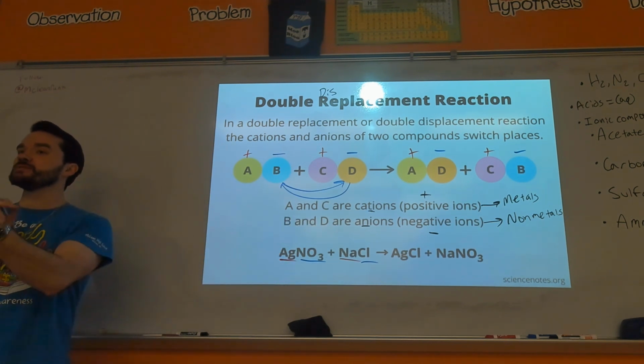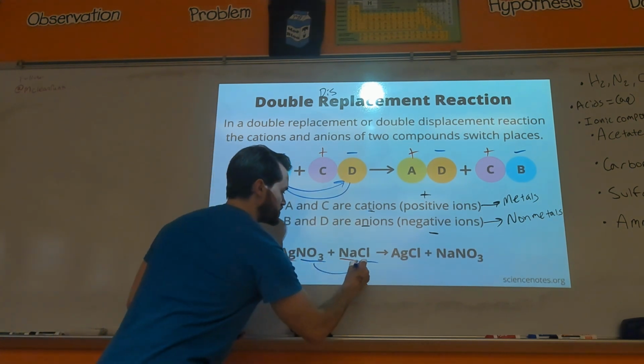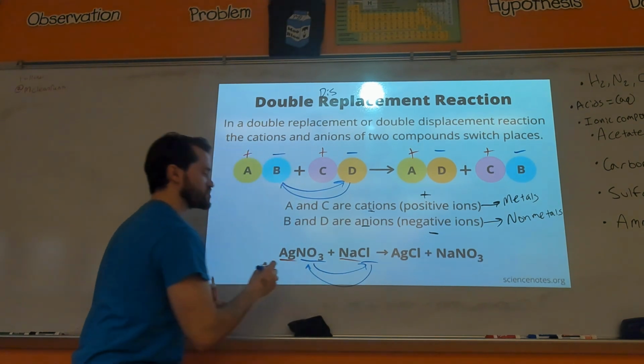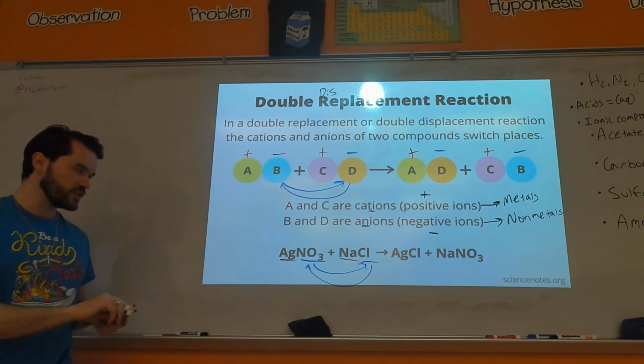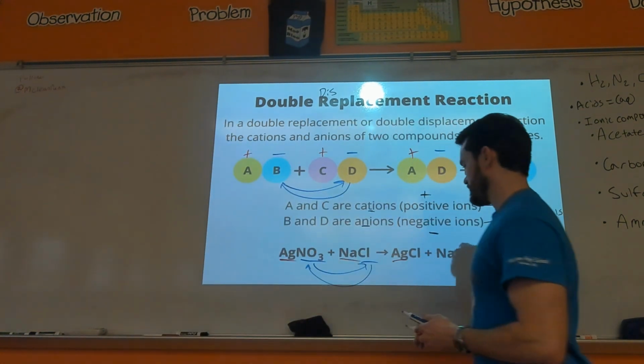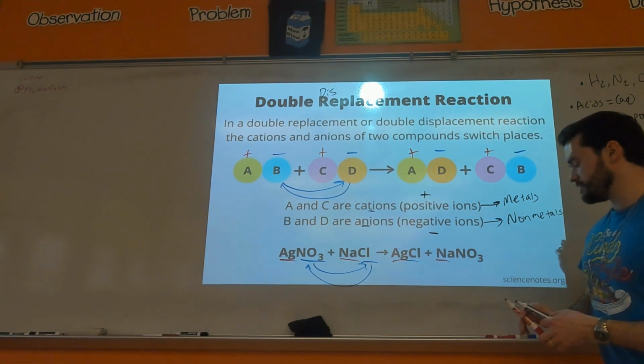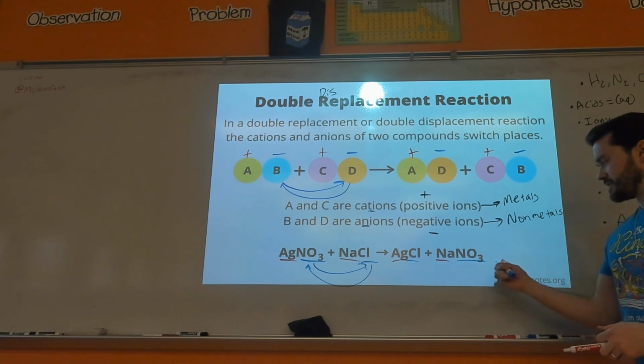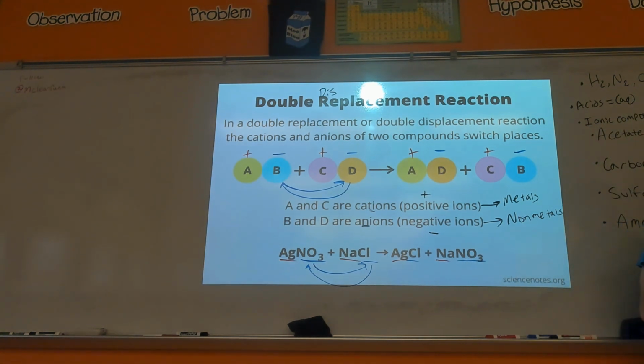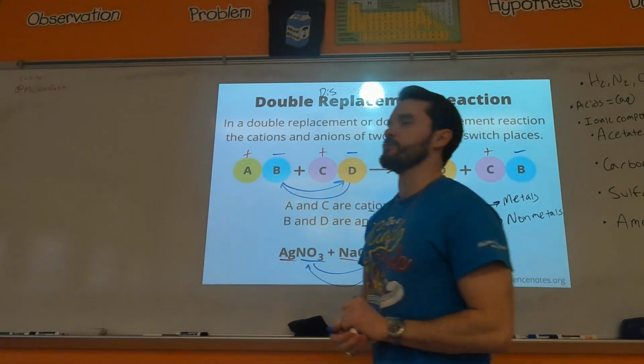Two things are switching positions. So the chlorine and the nitrate are going to swap positions. So now you get silver chloride and sodium nitrate. They're like swap and dance partners.